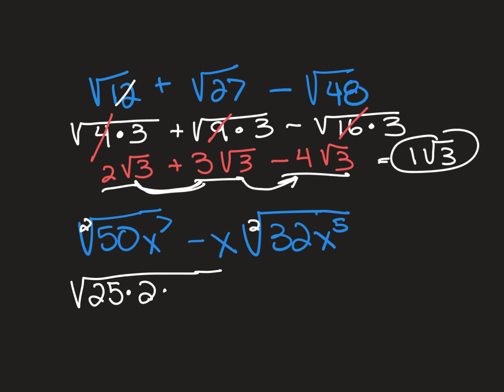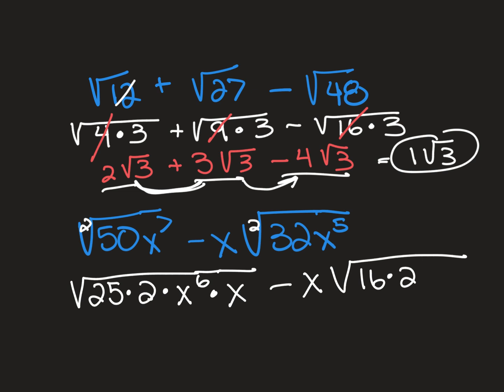And x to the 7th, I want to break it down to the closest even number. So I'm going to go x to the 6th and then the leftover one because that still makes it 7. Then over here, 32 is going to become 16 times 2, where x to the 5th is going to break down to 4 and 1.